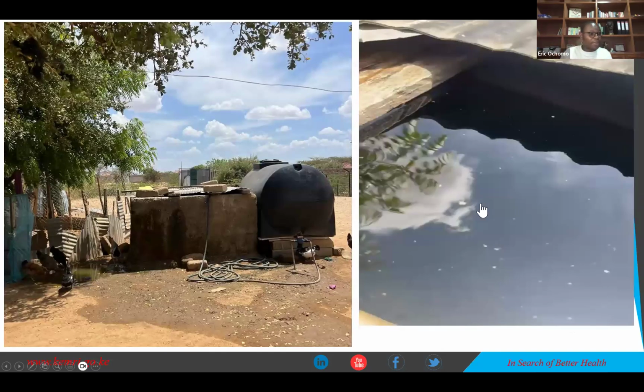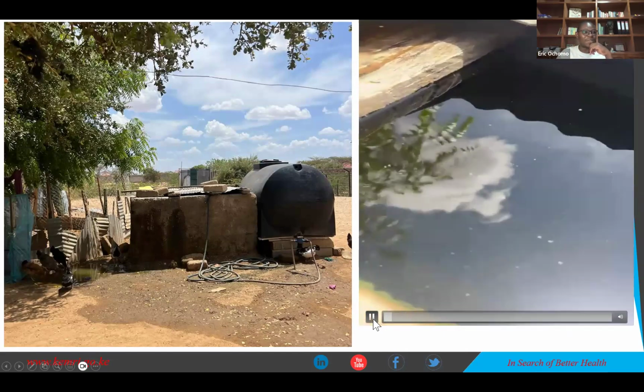This is a recent example from Turkana, which I'm hoping will play out. In Turkana, people preserve water in concrete tanks, which are preferred over the plastic tanks because the concrete tanks keep the water very cool. This is a place that's very hot. And because they have been told time and again that you need to cover your water sources to prevent mosquitoes, they attempt to cover those water sources. My team was out sampling and we stumbled upon this.